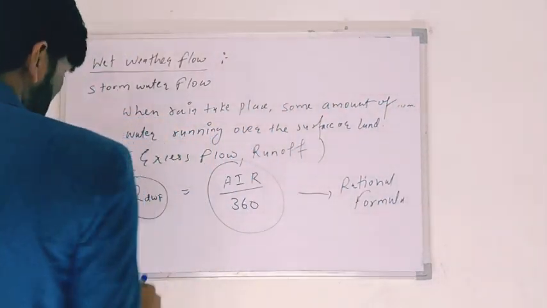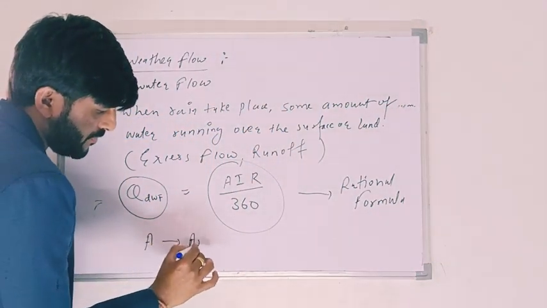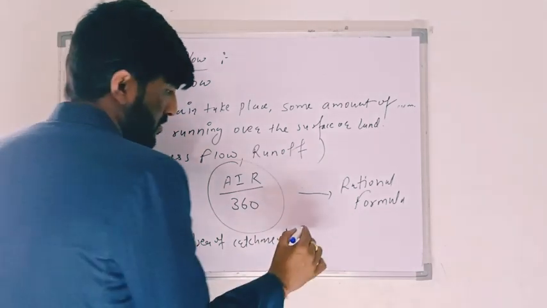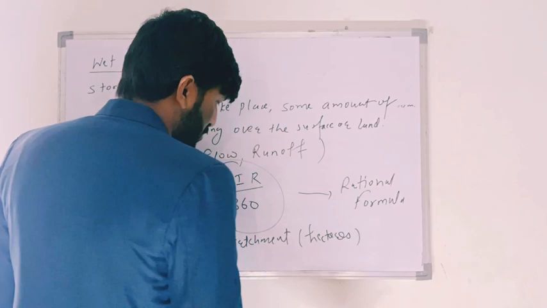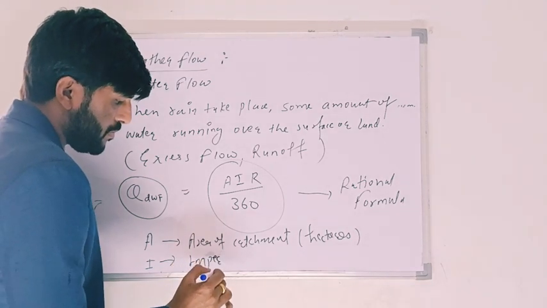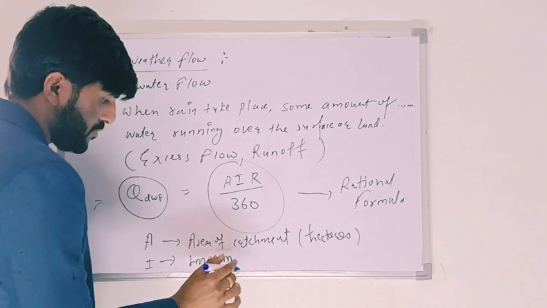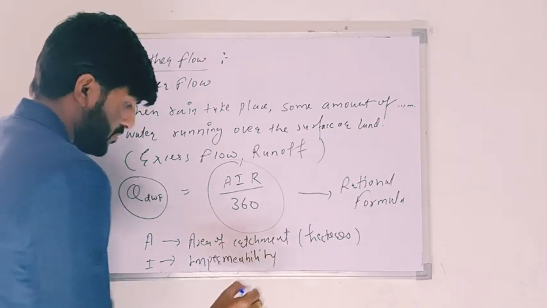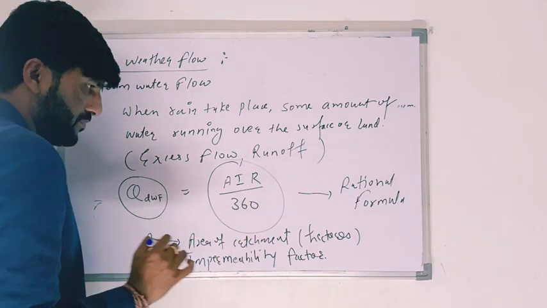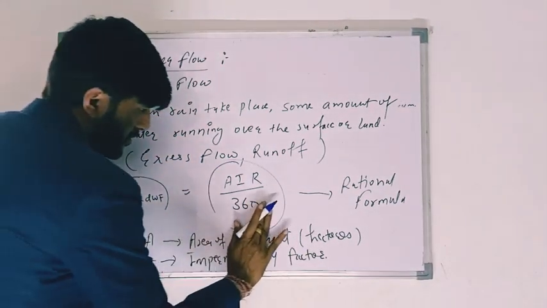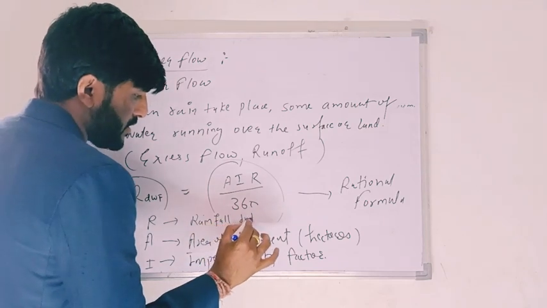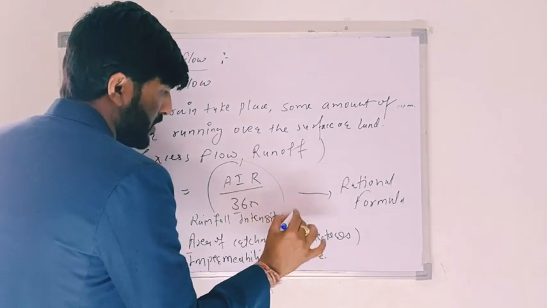But before that, what is A? A is your area of catchment in hectares. Note it down, very important. I is the impermeability factor, okay, and R is your rainfall intensity in mm per hour.